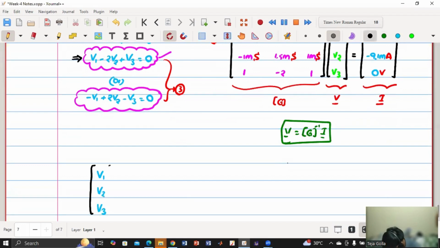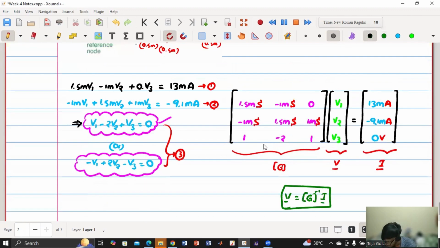You can check later. You will be getting 11.2, then 3.8, then minus 3.6 volt. While checking or inverting, kindly cancel the milli, else you will make mistakes. So cancel the milli and then check.